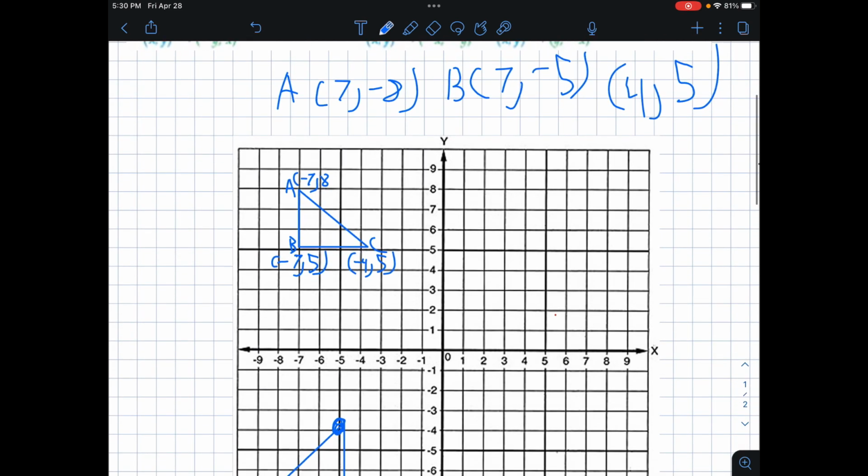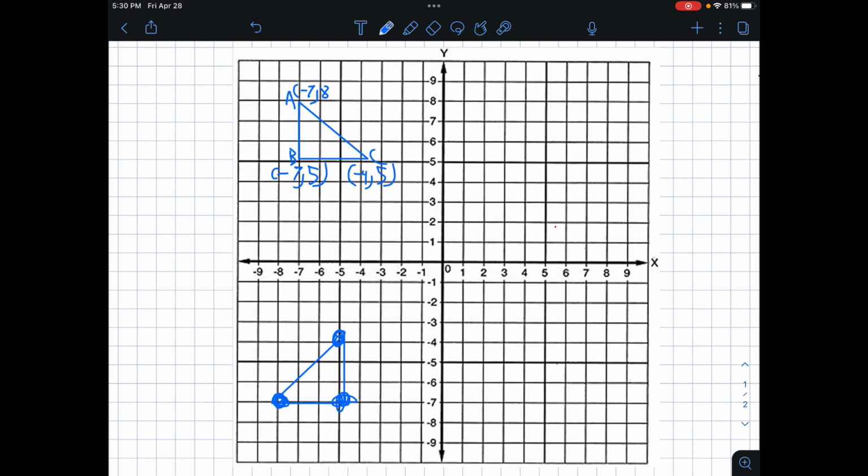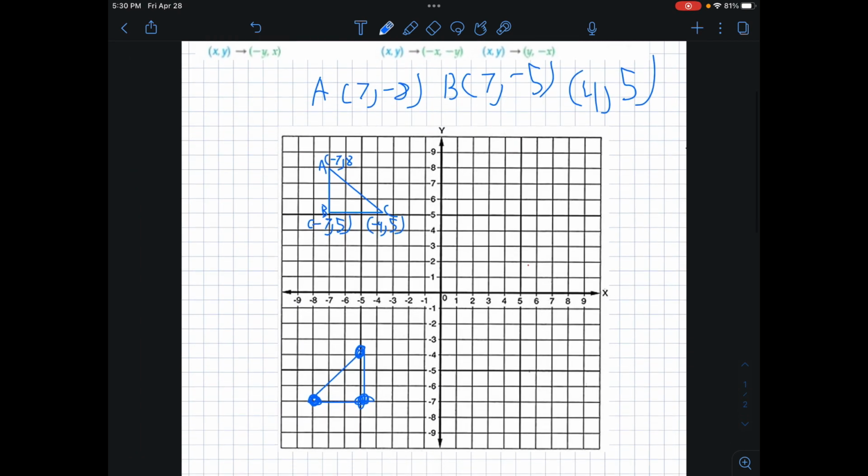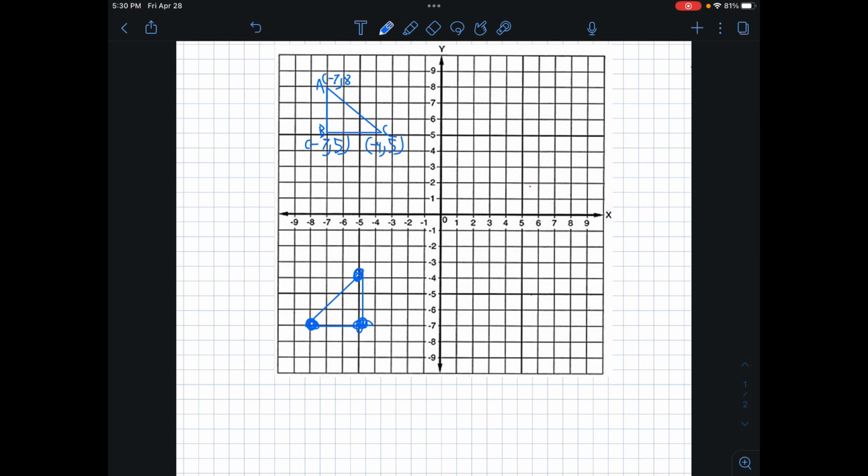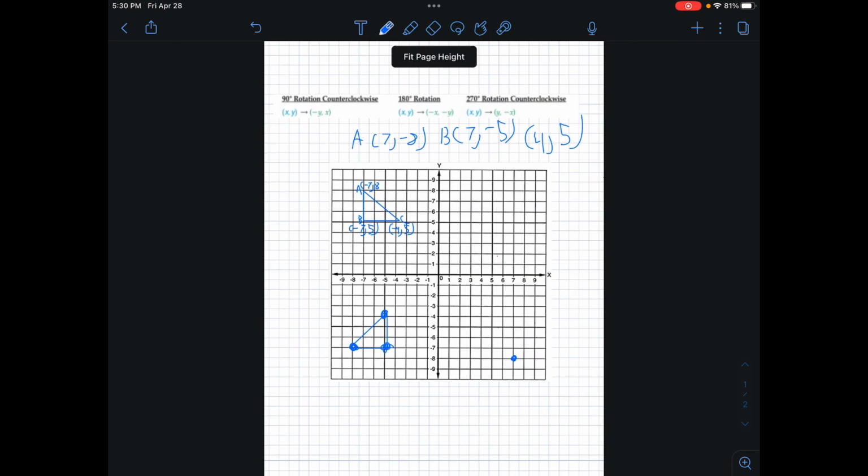And let's just go ahead and put these down. So 7, negative 8, right there. Then 7, negative 5, right here. And then for C, it's just going to be 4, 5.